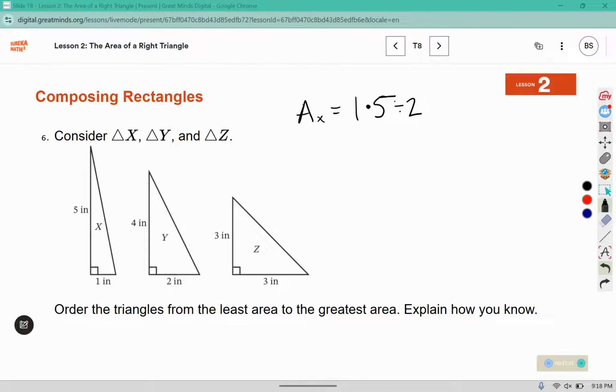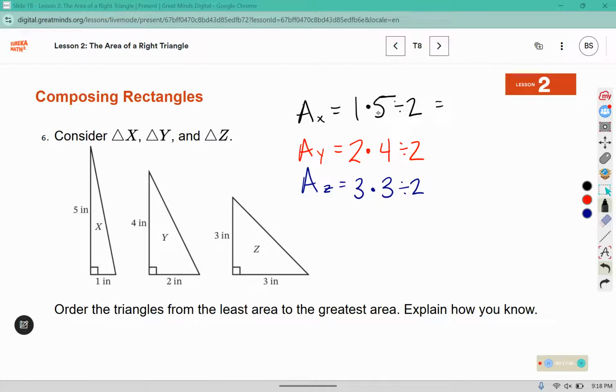It's half of the rectangle. The area of triangle Y, we have a base of 2, a height of 4, and we have to split it into 2 parts. And the area of Z, it has a base of 3, a height of 3, and we have to split them into 2.